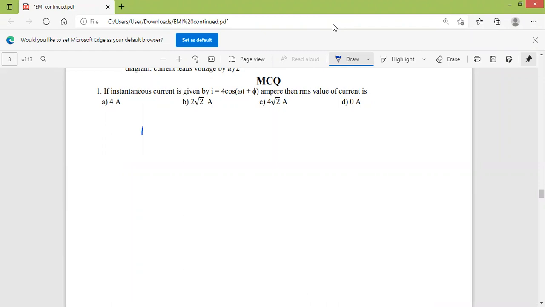So here I is equal to 4 cos omega t plus phi. Directly we can compare, or we can also write this equation as I is equal to I naught sin of omega t plus pi by 2.